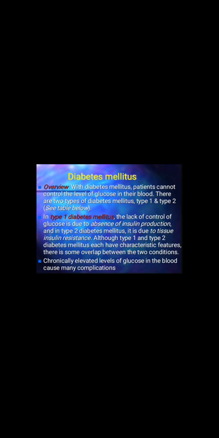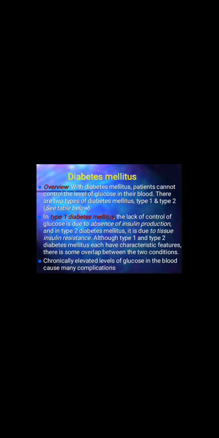Here we have an abnormal metabolic state with hyperglycemia. Hyperglycemia is abnormal glucose in our blood, and it may be due to insulin production deficiency. So in our overview, with diabetes mellitus, patients cannot control the level of glucose in their blood.